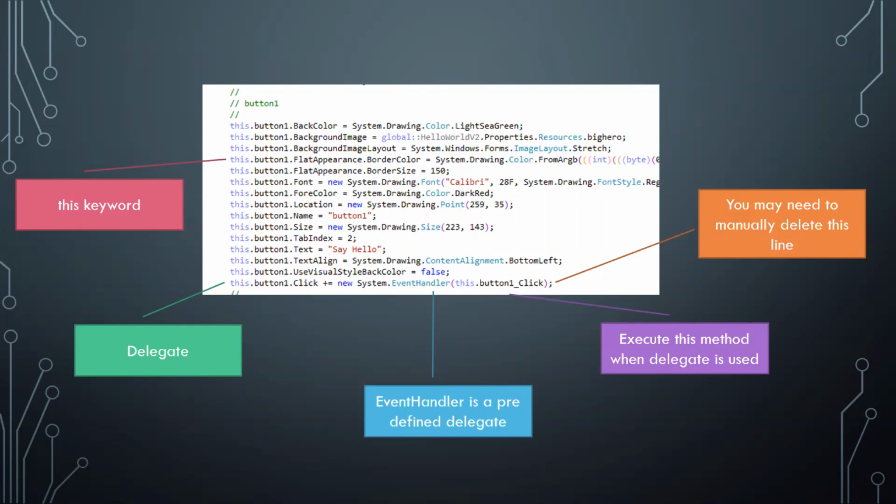So whenever we have our button one click event occur, the system has associated that event with the event handler passing in this parameter so that it knows this is the method to run. So it's a very interesting syntax. The plus equal is kind of really important and sets everything up. So our click property is a delegate that is of the type event handler, and we're passing in what method name to run when that event handler is activated.